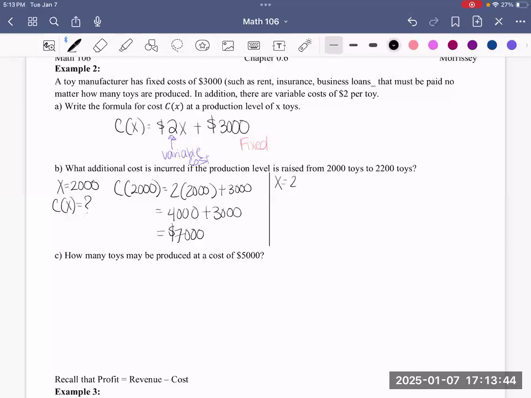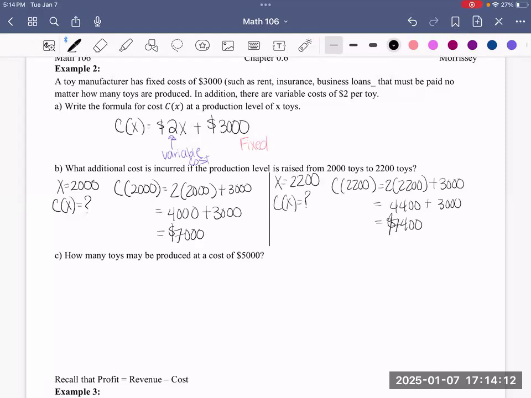versus if we raise it to 2,200, we want to know your cost. We're going to do the same thing. So it's going to cost us $7,400. So what is the additional cost incurred?